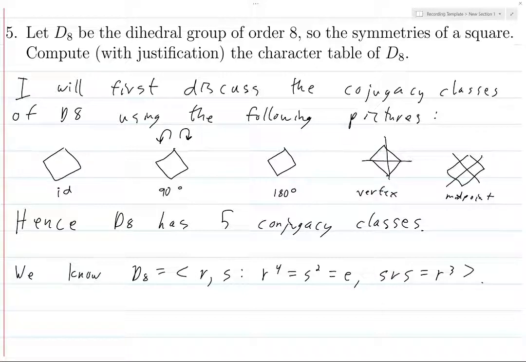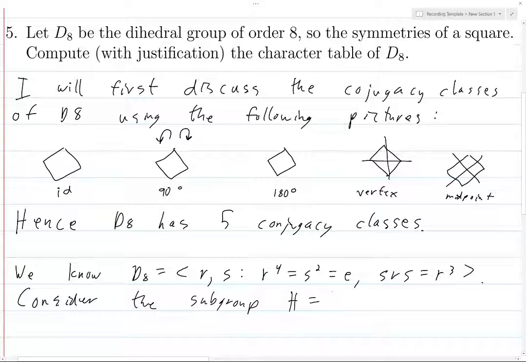Okay, so consider the subgroup H, which is just E and R squared.